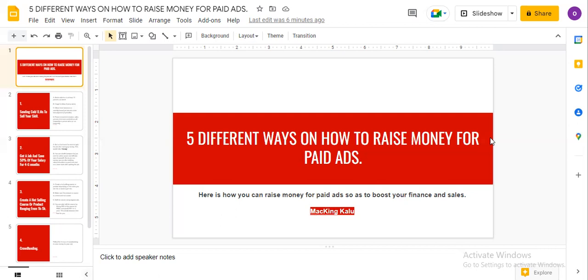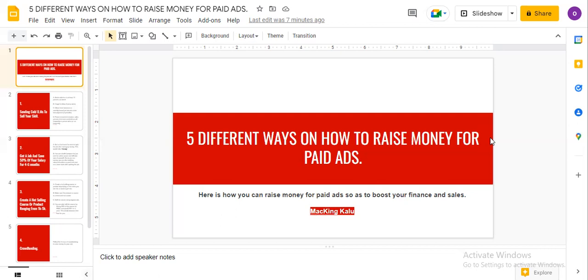And I also discovered that so many persons don't really have money to pay these social media platforms for adverts, but they want their brand and their business to move forward. So I decided to come up with this solution. Since I have conquered this problem, I decided to show you 5 different ways on which you can run paid ads.